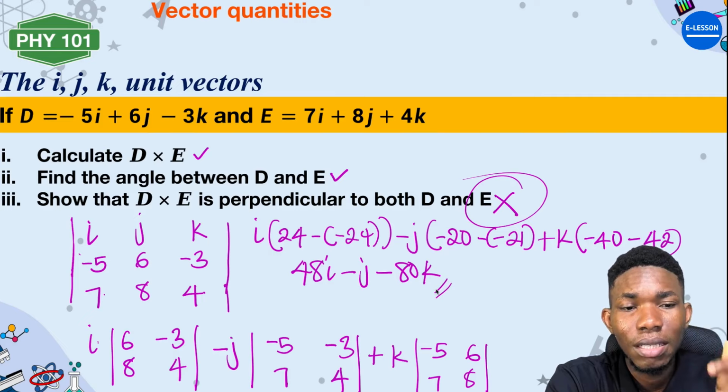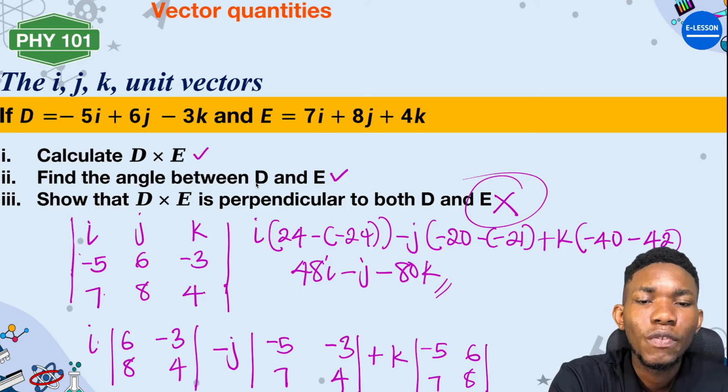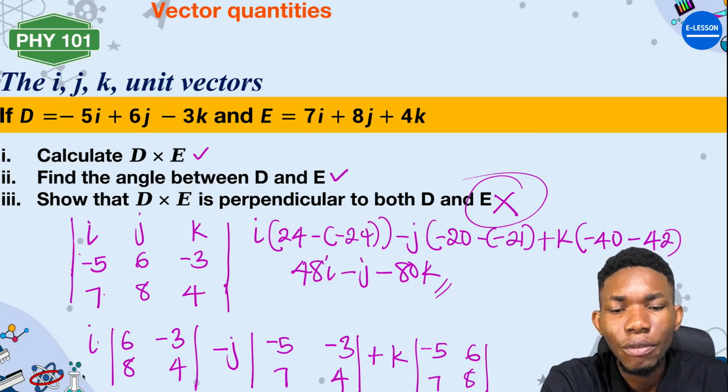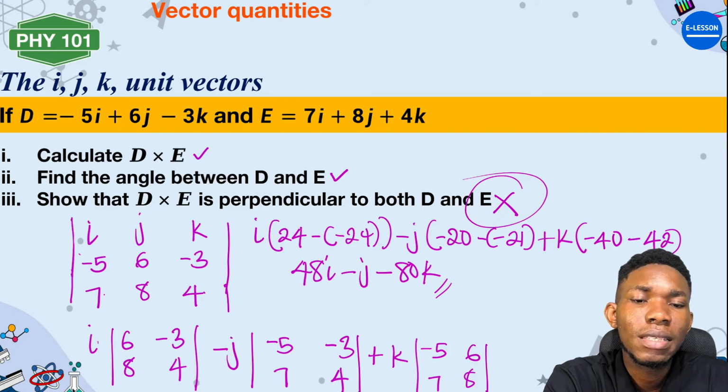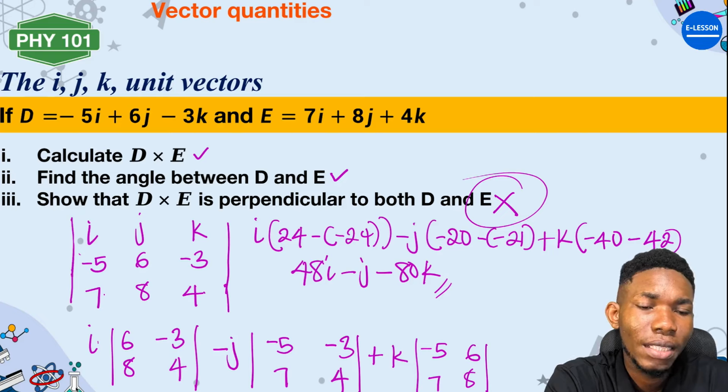Now the question is, find the angle between D and E. How do we find the angle between D and E? We have to, first of all, decide whether it is the sine angle or the cosine angle they ask us to find.